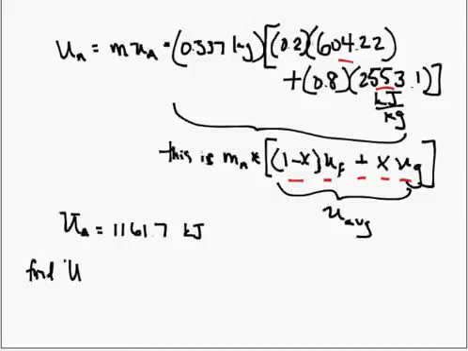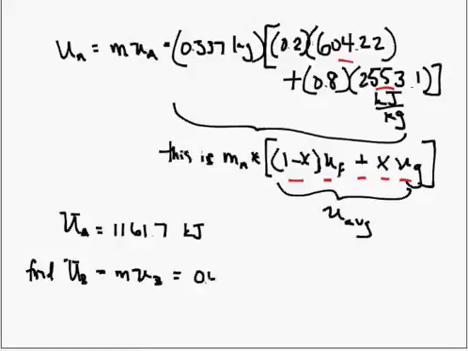Okay, last thing we need to find is the total initial internal energy of tank B, which is equal to mass times the specific internal energy of tank B, which is a superheated mix, so we don't need to use the quality in this case. It's a superheated vapor.